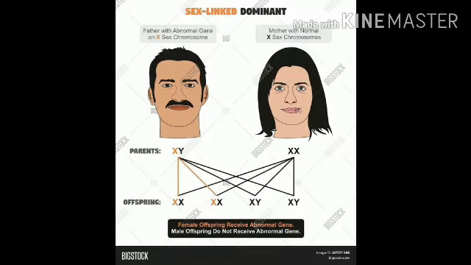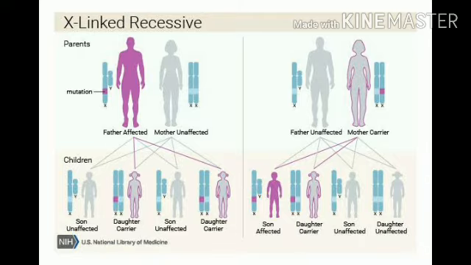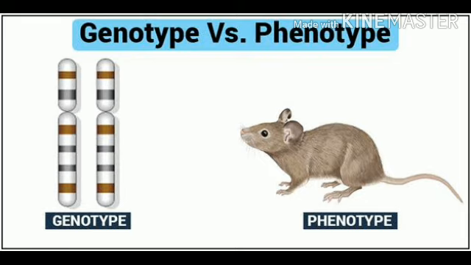Then the dominant gene: an allele that is always expressed in both homozygous and heterozygous condition. Recessive: an allele that is expressed only when it is homozygous. Then the genotype: the total genetic genome of an individual, or more specifically, the alleles present at one locus for a particular trait.